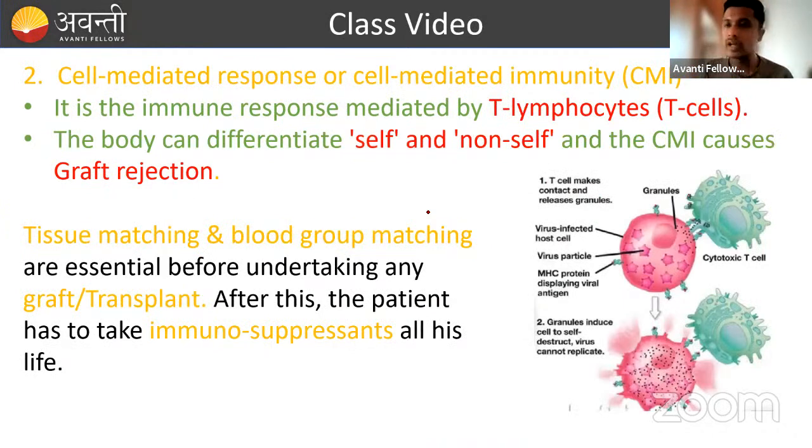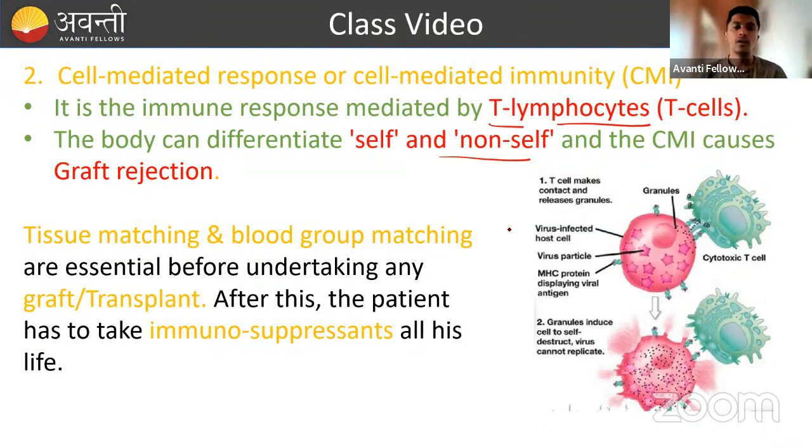Let us talk about cell mediated immunity. Cell mediated immunity has very elaborate functions in our body. The principal cells which participate in cell mediated immunity are called T lymphocyte cells. As I said, they give our body the ability to recognize what is self and non-self cells. This also has certain disadvantages and its own advantages.